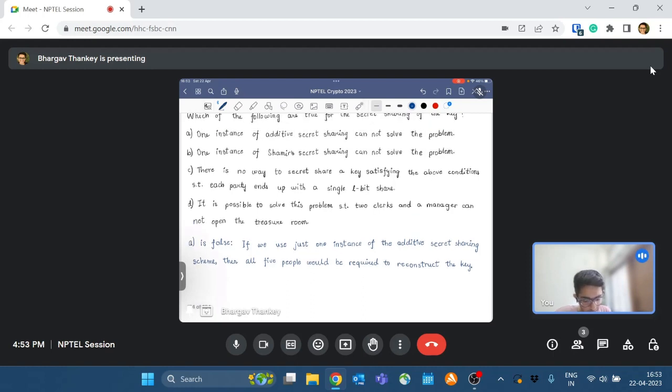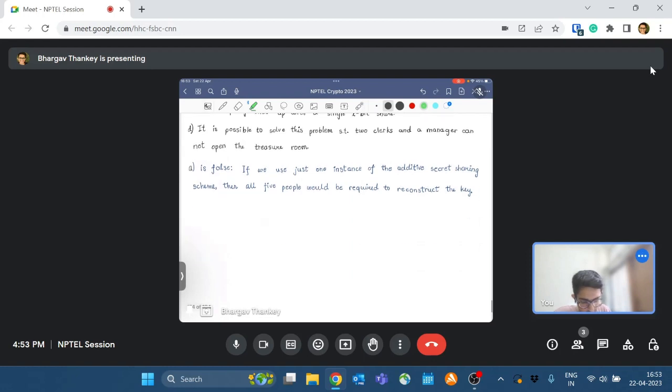One instance of Shamir secret sharing cannot solve the problem.